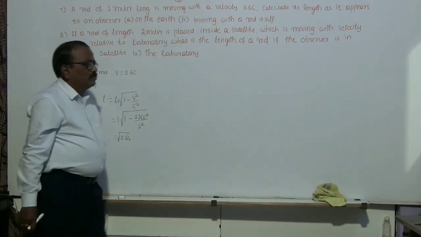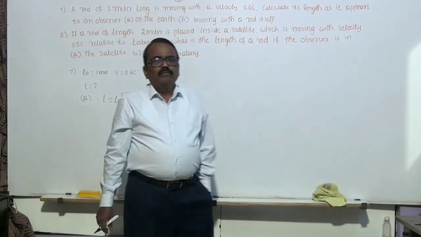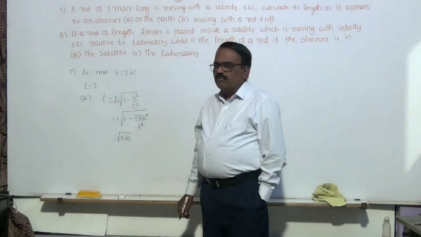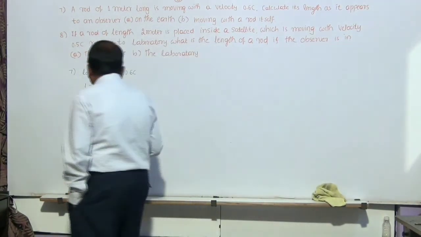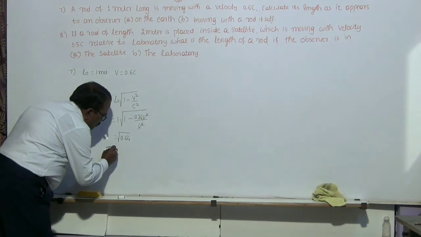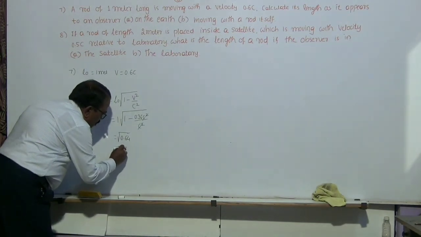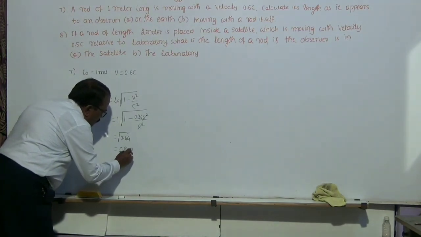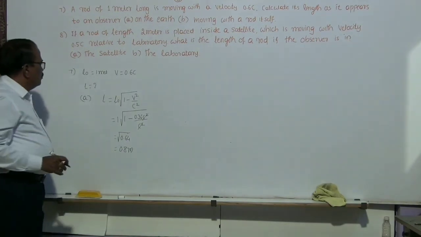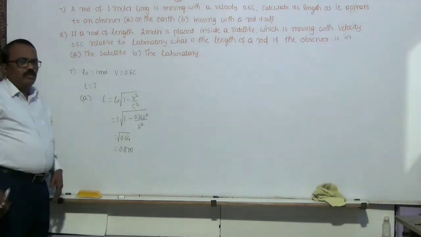Then what is the square root of 0.64? It is 0.8. This is 0.8 meter. Means length appears to be shortened.